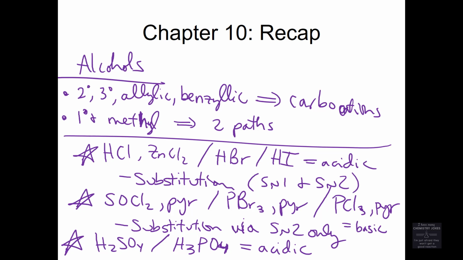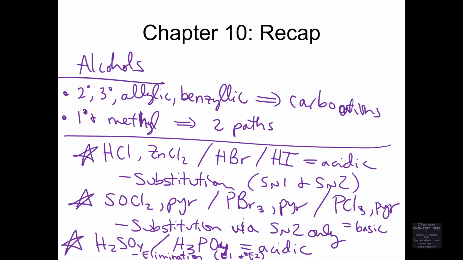We're going to do elimination. Elimination almost always will go E1. But if it's a primary alcohol, you're not going to eliminate a methyl alcohol because you've got to have two carbons to do elimination. If it's a primary alcohol, it can do E2, but that's really a special case.